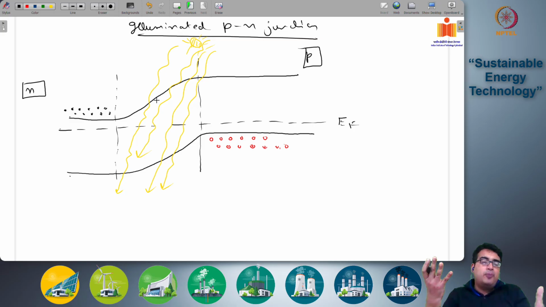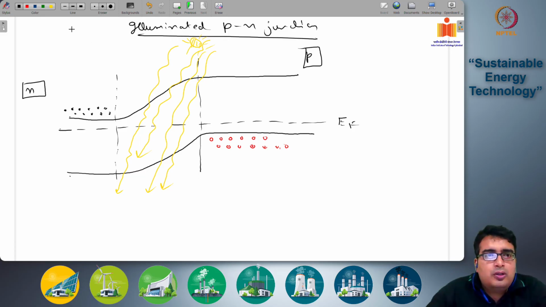So this is very important. Unlike thermal energy, solar energy photons also have sufficient energy for the electrons to go up from the valence band to the conduction band. Okay. So what will happen is that an electron here will absorb a photon and will jump to the conduction band here, and instead of an electron here you will get a hole.